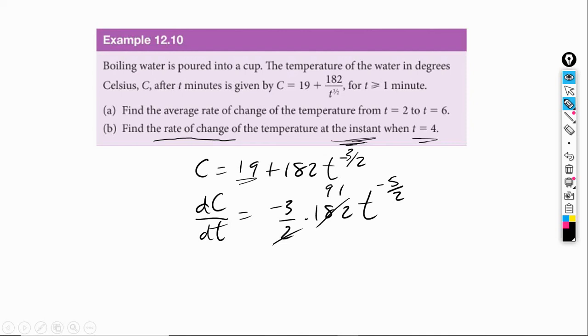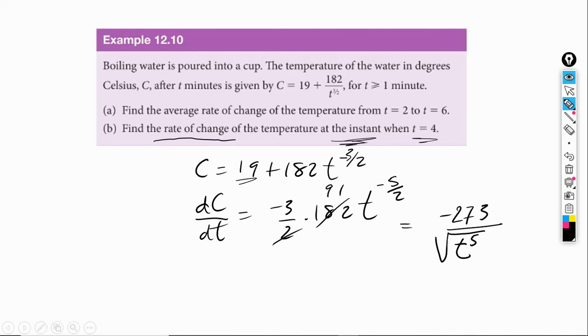And we can rewrite this whole thing just to make it simpler as negative 3 times 91 would be negative 273, and let's write this as t over t to the 5 halves, which is the same as the square root of t to the 5. So we can simplify this further, but I'll just leave it like that.